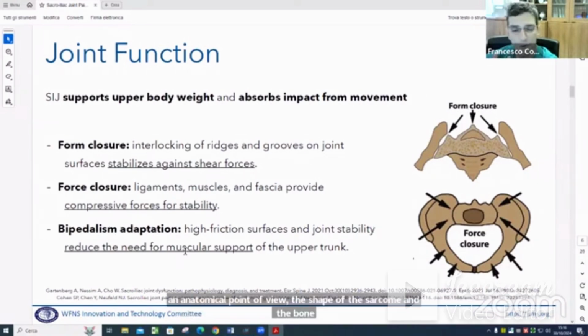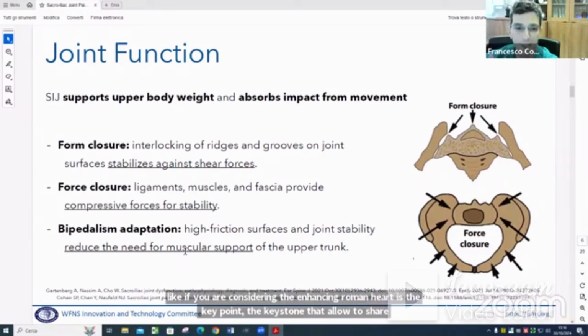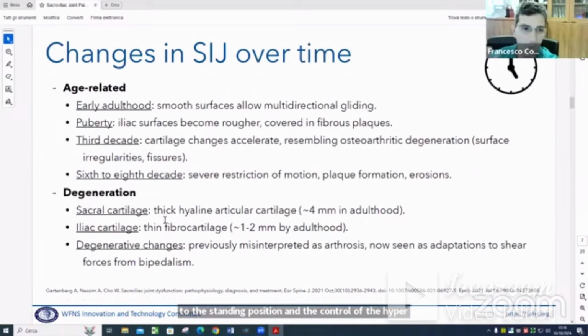First of all, there is a form closure, like if you are considering the ancient Roman arch, the keystone that allows to share the stress and the forces and that provides a stabilization of the joint. Then there is a force closure that works together with the hip and the bipedal adaptation according to the standing position and the control of the upper trunk. So it's a complex connection between the leg and the column, and in this way you can understand how it's a key point.